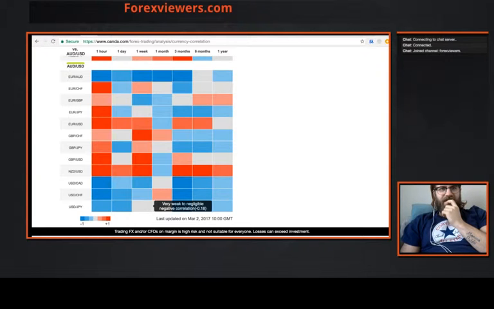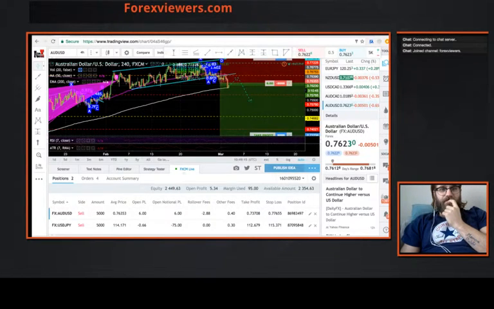On the day and the 1 hour, we have moderate and strong opposite correlations. So what that means is we are expecting that the pairs are going to move in opposite directions.